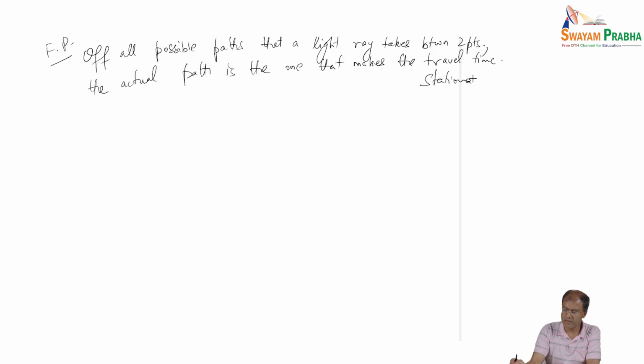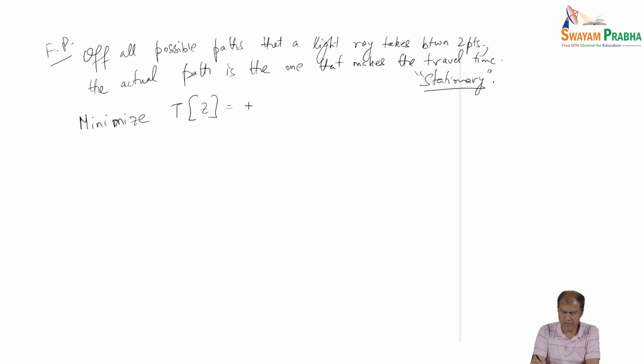The actual path is the one that makes the travel time stationary. Okay, so which is what we have to do. We have to minimize this functional. So minimize the time functional.